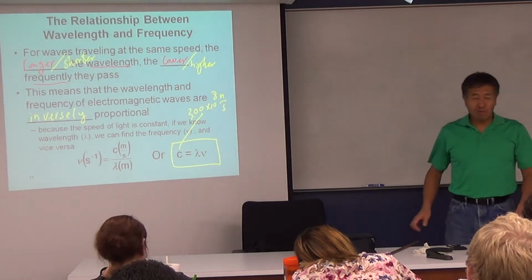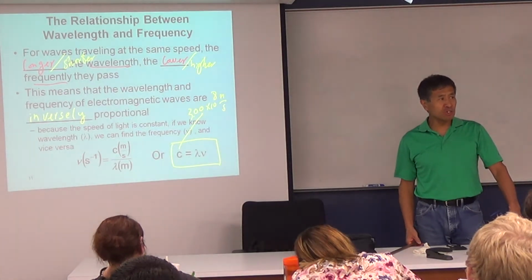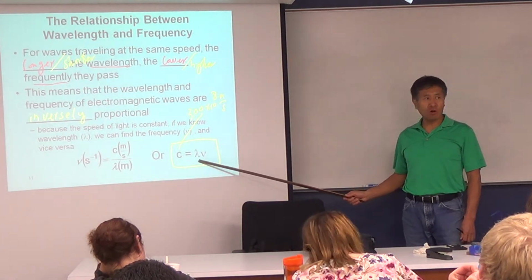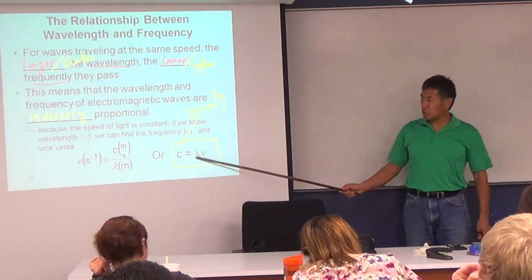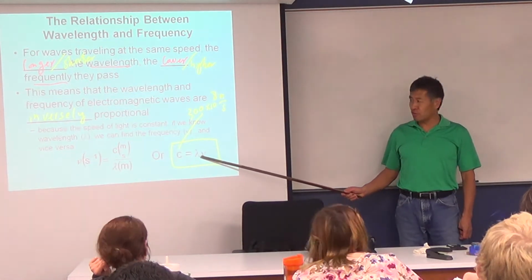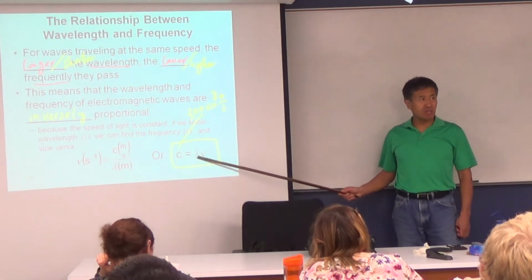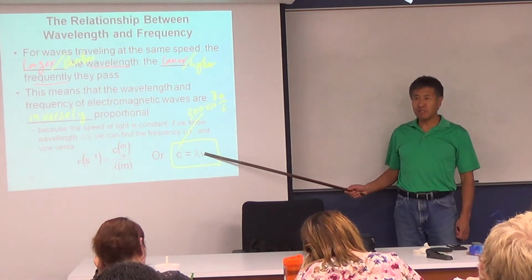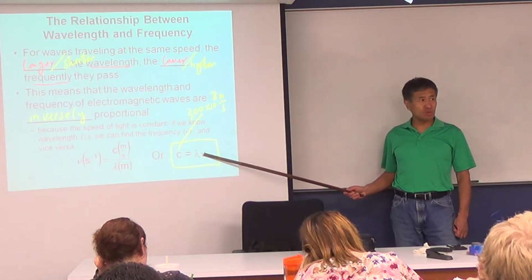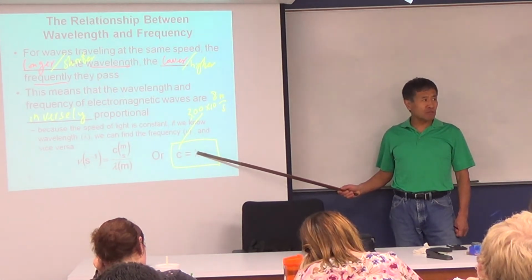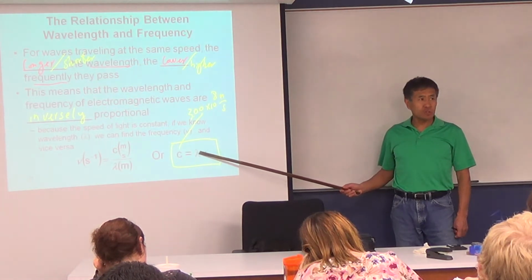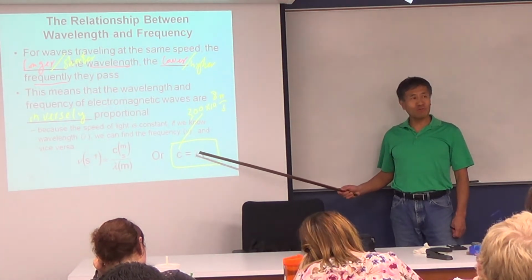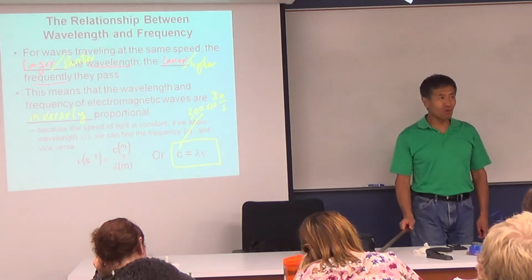And from this equation, you will figure out the inverse proportionality between these two letters. The first letter is called lambda, representing the wavelength. The second letter is the Greek letter nu, representing frequency. So therefore, wavelength and frequency are inversely proportional.